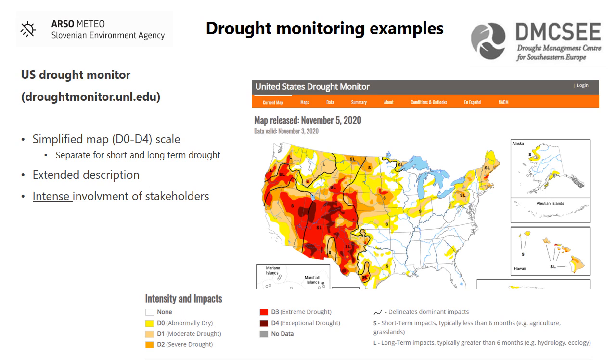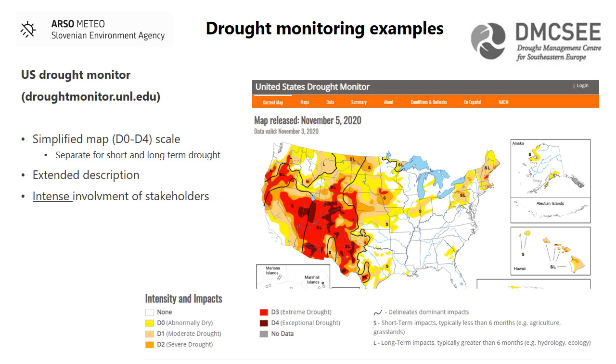So the time range somewhere between 2 and 6 months is the short-term time scale for droughts, and the impacts here are expected mainly in agriculture and of course grasslands, so important for grazing farm practices.